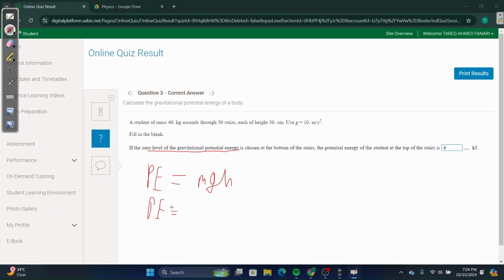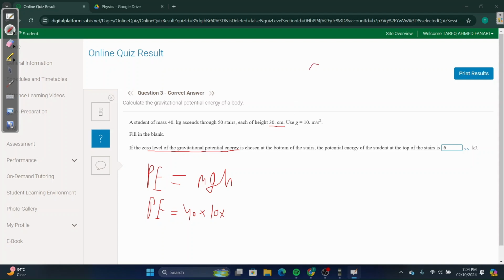So PE is equal to the mass, which is 40, times 10, times the height, which is going to be something different because the height here is given as 30 centimeters. We want it in meters.